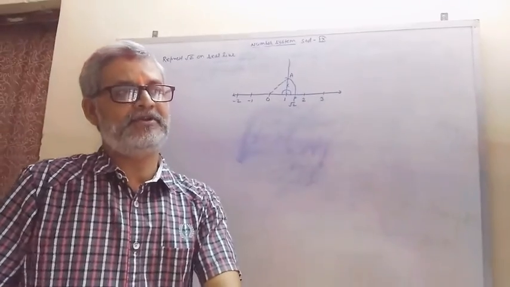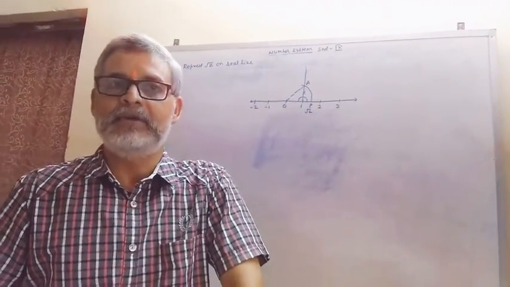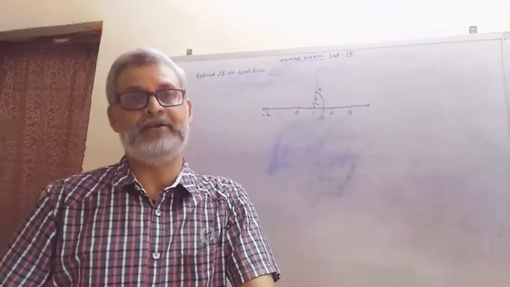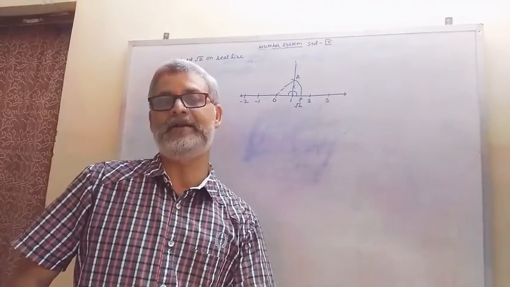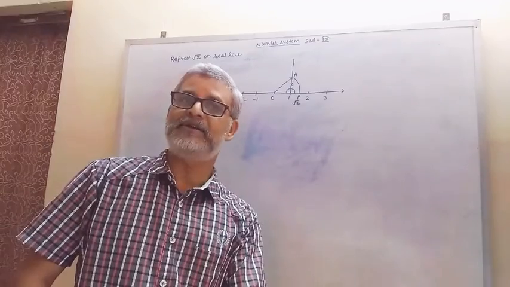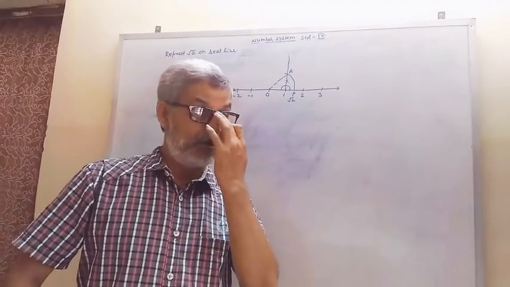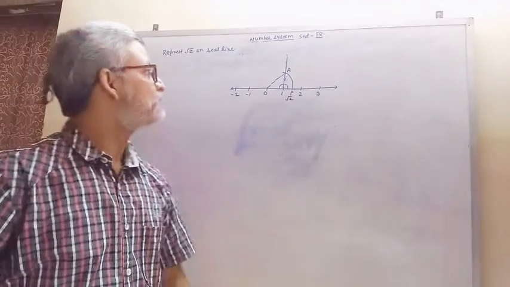The next part in the number system is when some irrational numbers are given and you are asked to represent them on the real number line. Representation of rational numbers is given in standard 7 and 8, but representing irrational numbers on the real number line is a very important part.